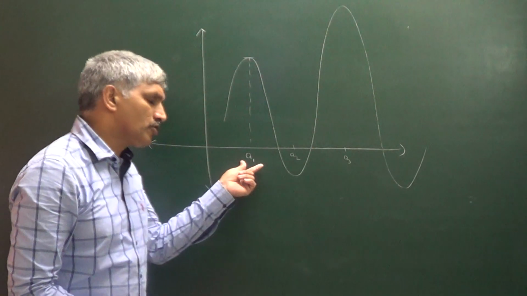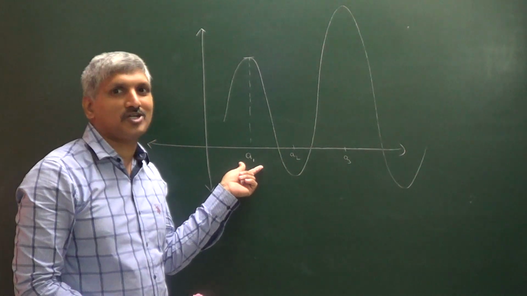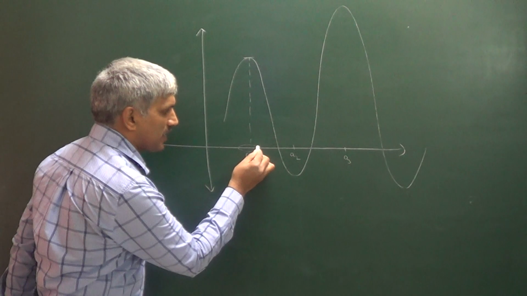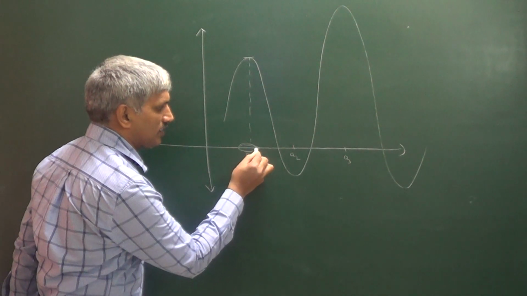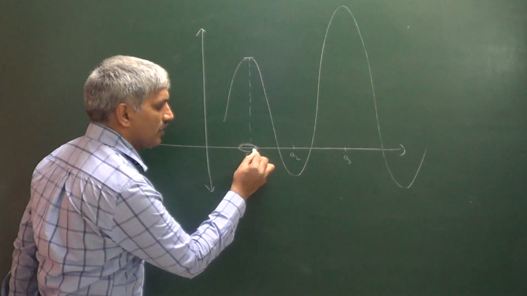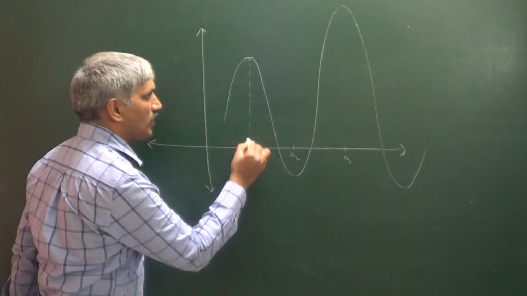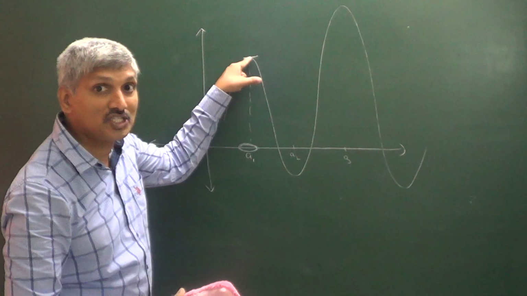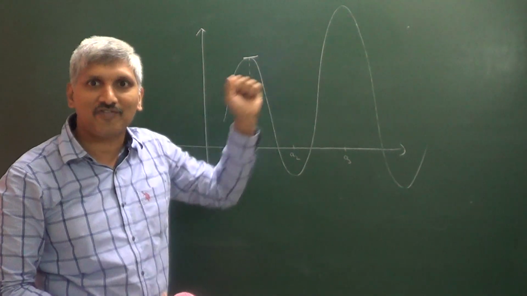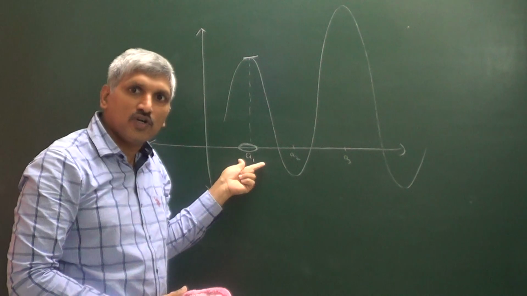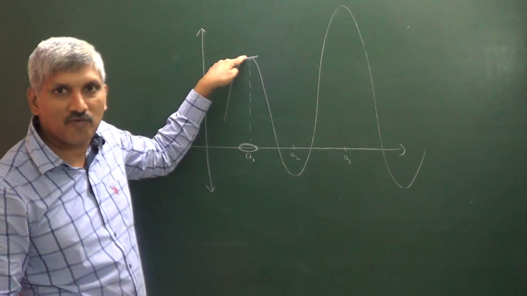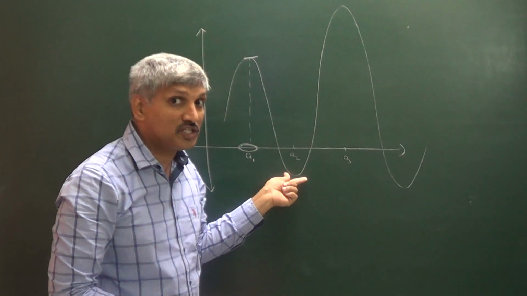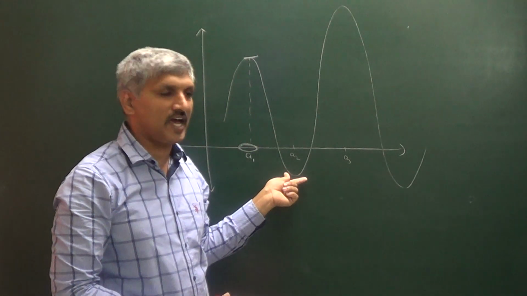Now we are talking about the neighborhood of a1. In this local area, this is the maximum value, but this is not the maximum value of the entire function. In the neighborhood of a2, this is the minimum value, but this is not the minimum value of the entire function.